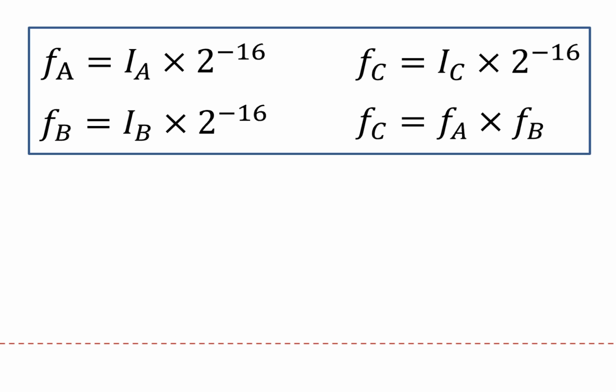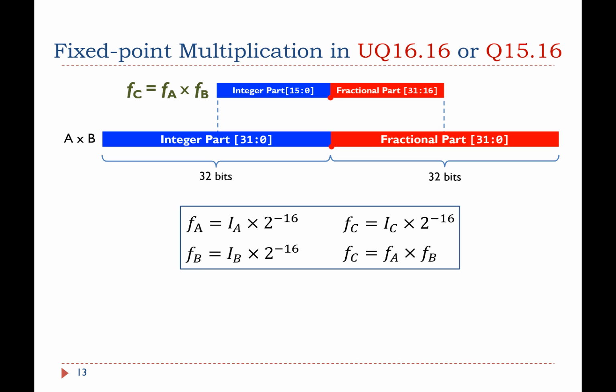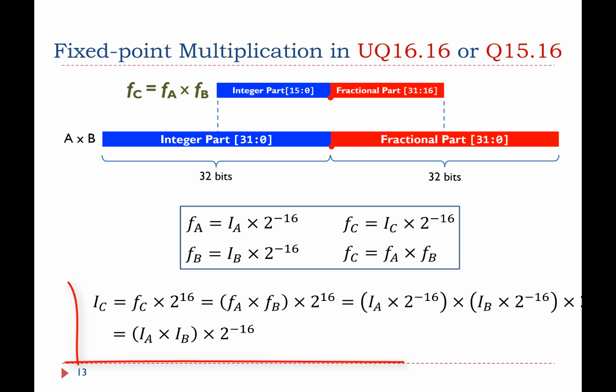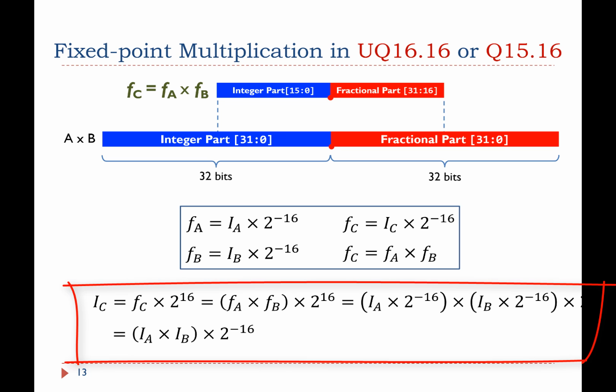We know that a fixed point number equals its corresponding integer divided by 2 to the power of 16. Now let's find out the integer value of the fixed point FC. The calculation is shown here. The integer IC equals the 64-bit product shifted right by 16 bits. This means that the middle 32 bits of the product is what we want.